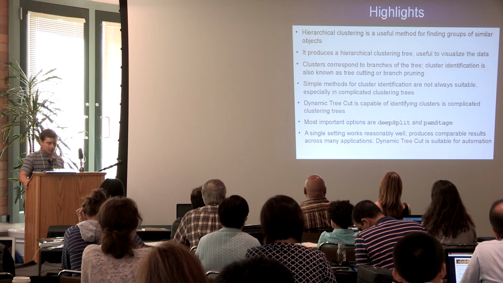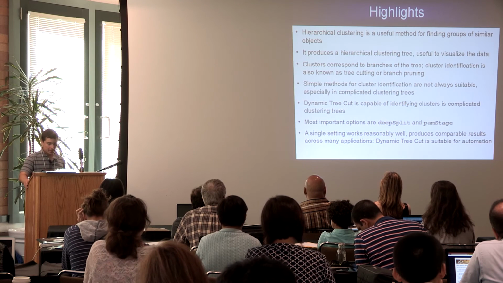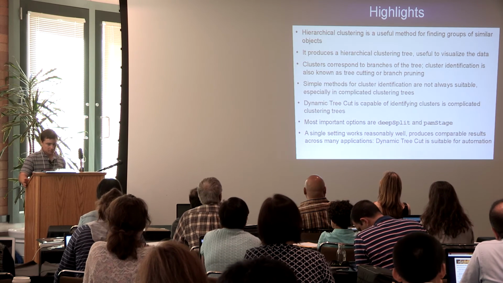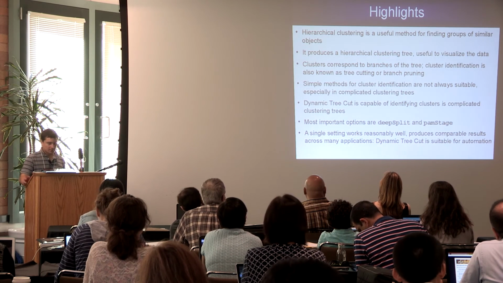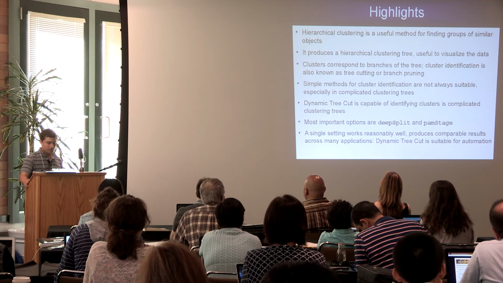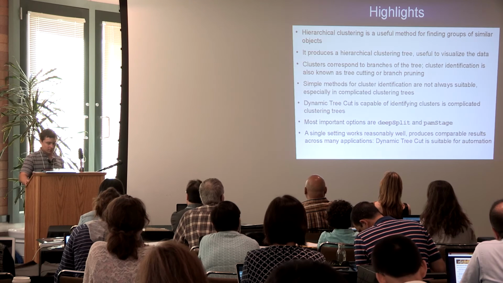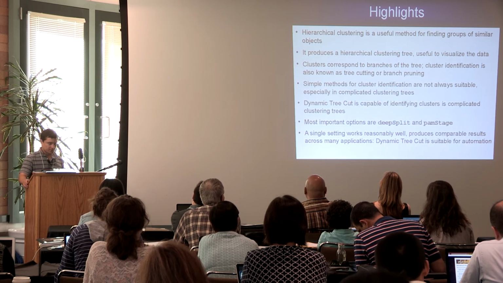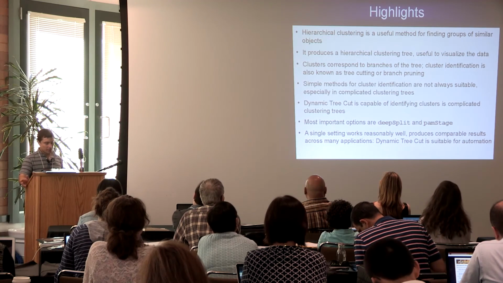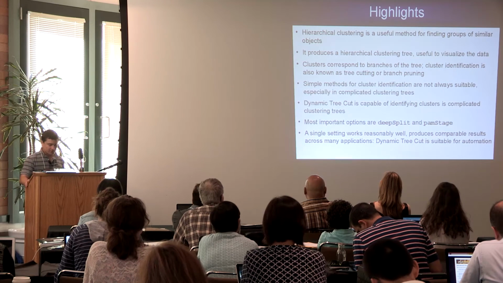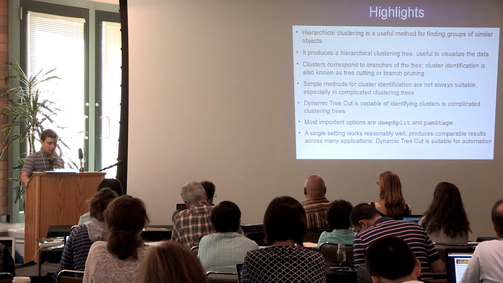It produces a hierarchical clustering tree, or a dendrogram, which is useful because it allows you to visualize the cluster structure in the data. Clusters are the branches of the tree, and cluster identification is also known as tree cutting, or branch pruning, or branch cutting, or perhaps even other phrases.